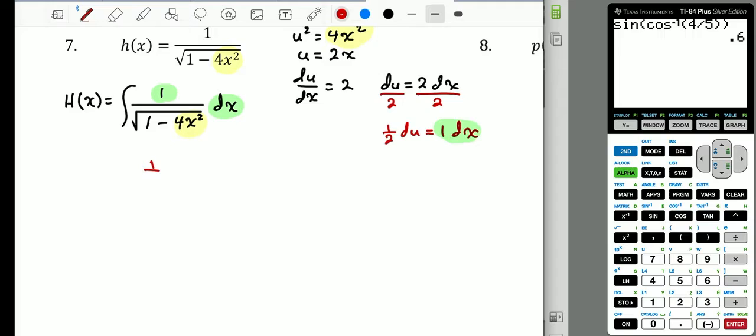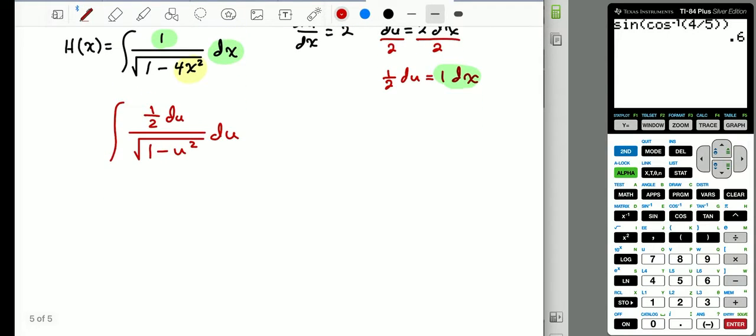So 1/2 du over the square root of 1 minus u squared. So 1/2 can be factored out. Oh, I have an extra du there for some reason.